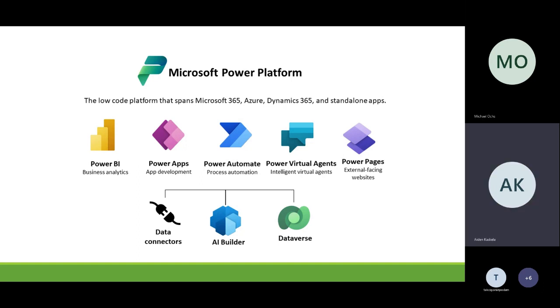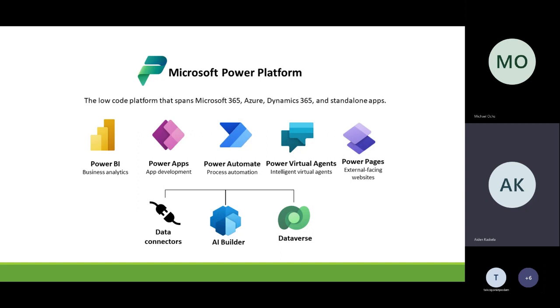Power Virtual Agents is chatbots. These are actually really cool because you can put them on your website, but you can also put them in Teams, and you can put them in lots of places. And they interact with your data, creating a self-service option not only for your customers, but for your internal users as well. So you can automate a lot of your processes that way.